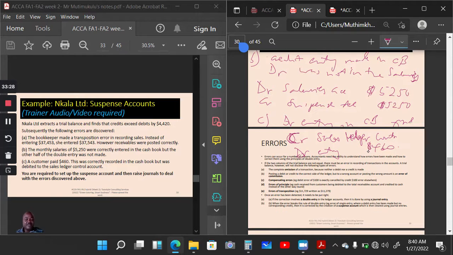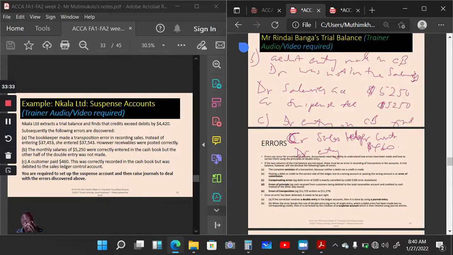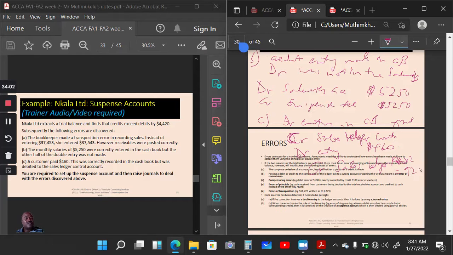We need to reverse this by how much? We have to credit the sales ledger with 460 times 2, which is equal to 920.